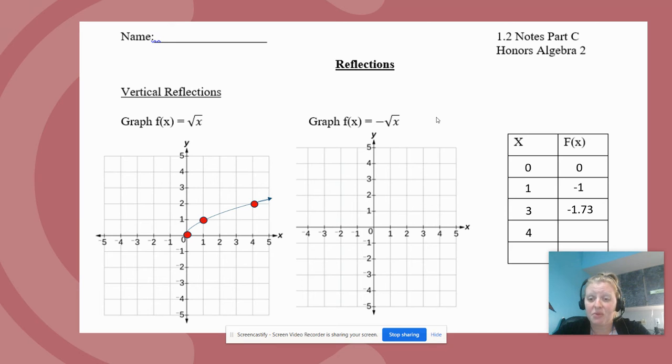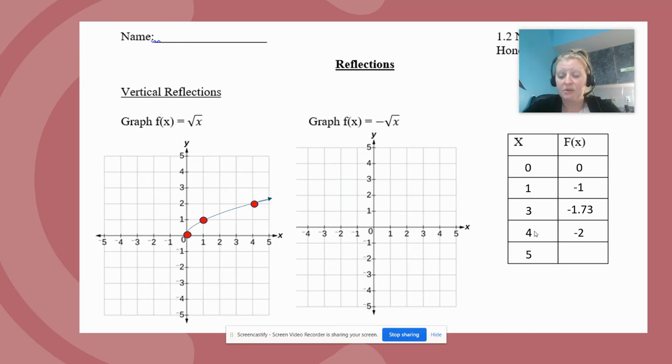I can do the square root of 4. When I apply the negative, I get -2. And if I do the square root of 5, I'm going to get roughly -2.2-ish. Okay, so more than enough data to help me make a decent sized graph. So we're going to plot our points: 1, -1; 3, -2-ish, close to -2; 4, -2 exactly; and 5, about -2.2-ish.